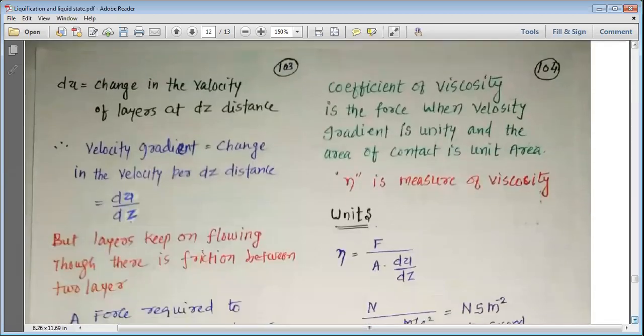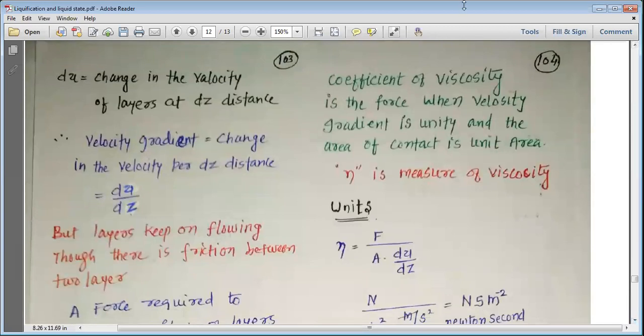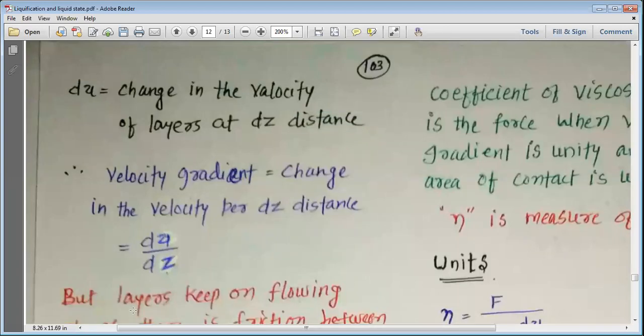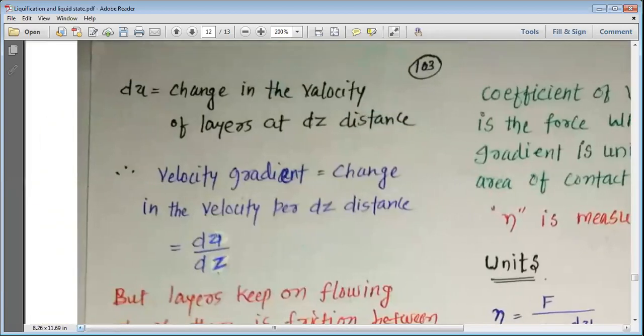Let's move forward. Now du is the change in the velocity, my dear students. So let us understand that du is the change in the velocity going from one layer to another layer, at the distance of dz.